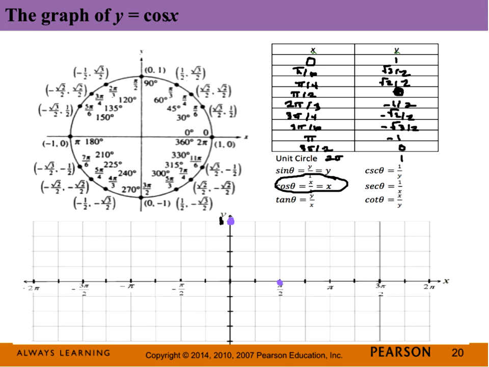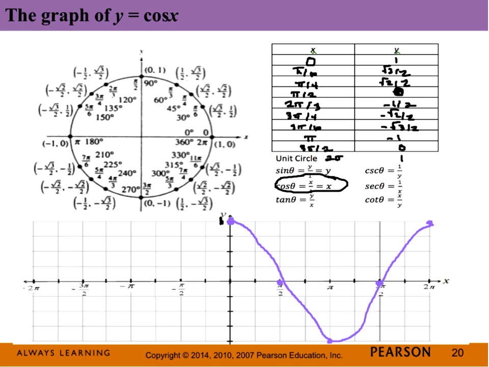Pi, negative 1, 2, 3, 4. So here. 3 pi over 2, 0. And 2 pi, 1. So this is what this thing ends up looking like. Use your imagination as usual. And this is our cosine function.